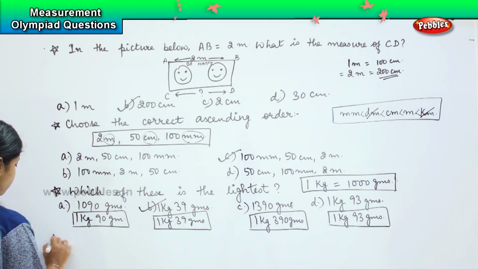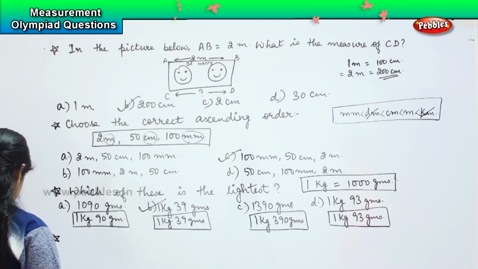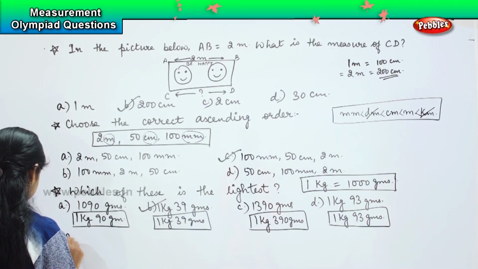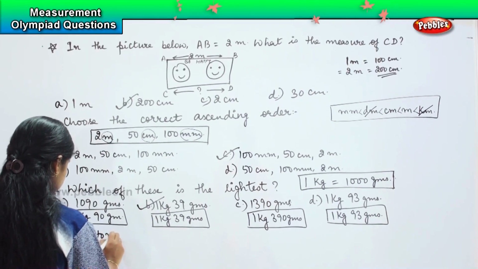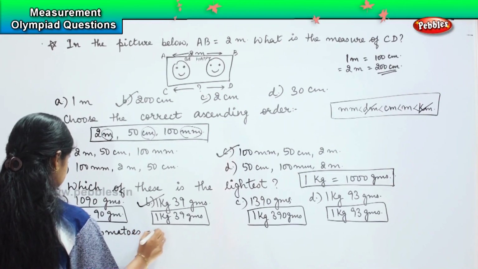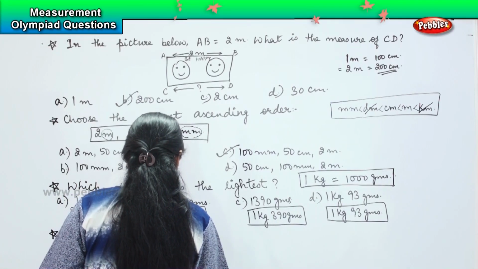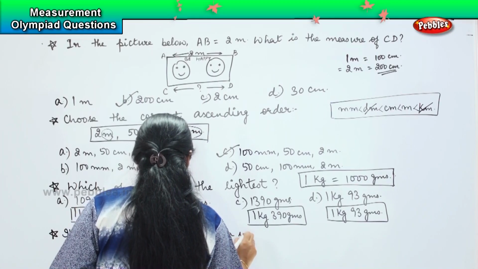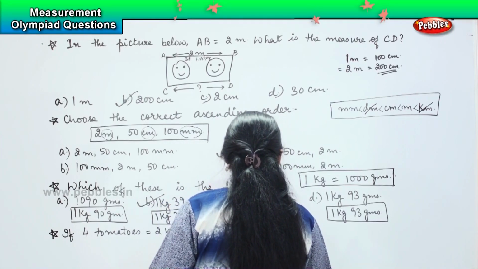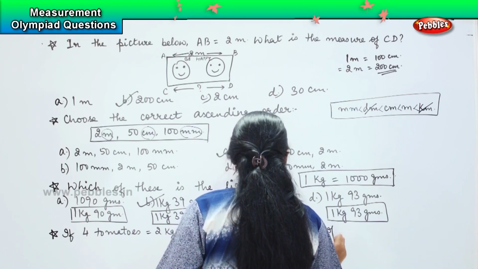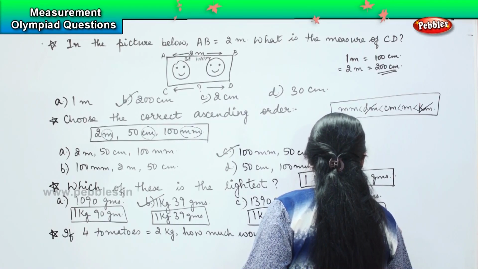Okay. So here is your next question. The next question says, if 4 tomatoes is equal to 2 kg, how much would 10 tomatoes of the same size weigh?